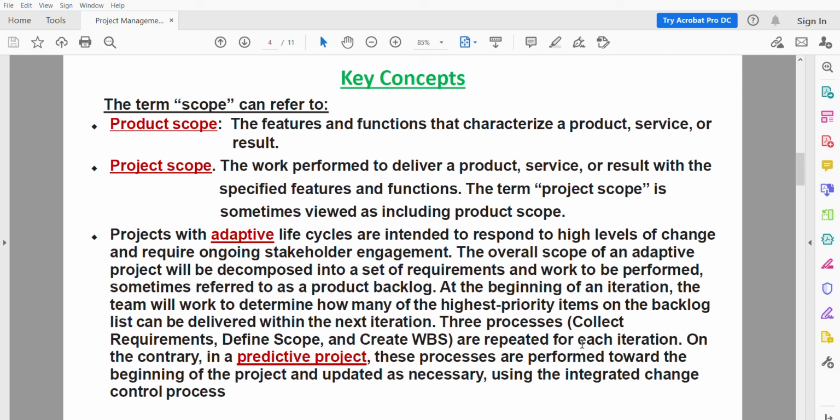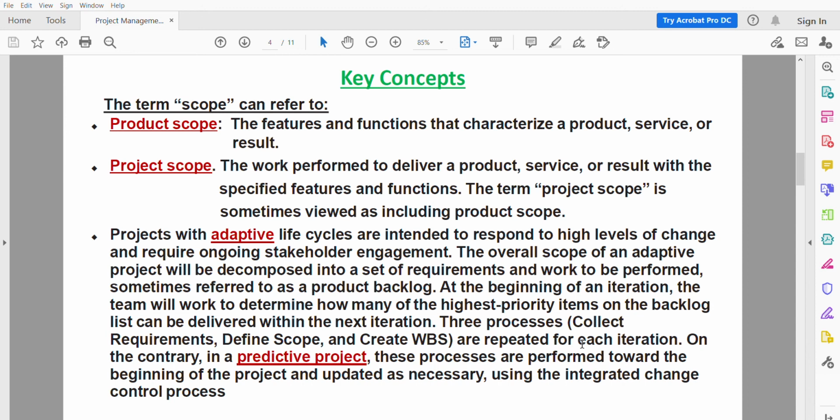There are two types of projects actually: the adaptive life cycle type and the predictive project. Projects with adaptive life cycles are intended to respond to a high level of change and require ongoing stakeholder engagement.